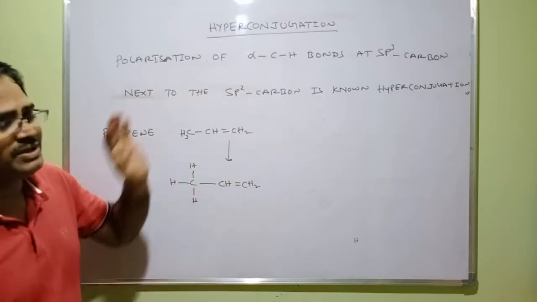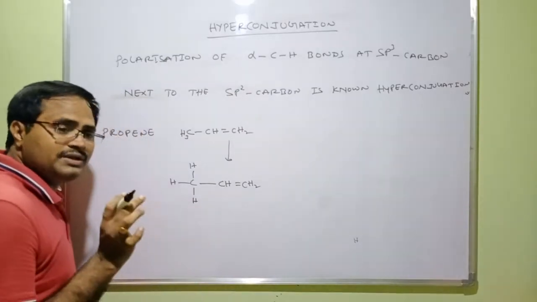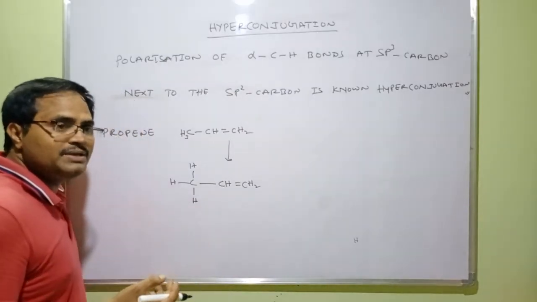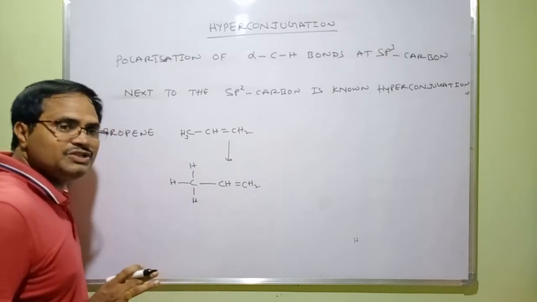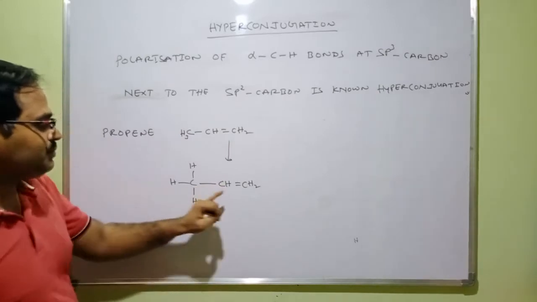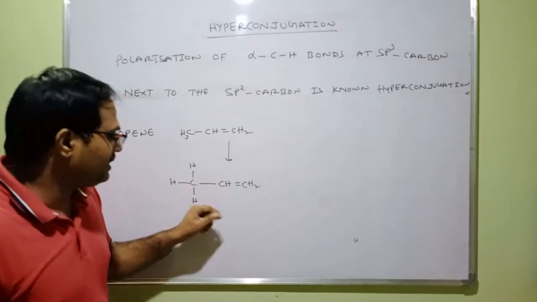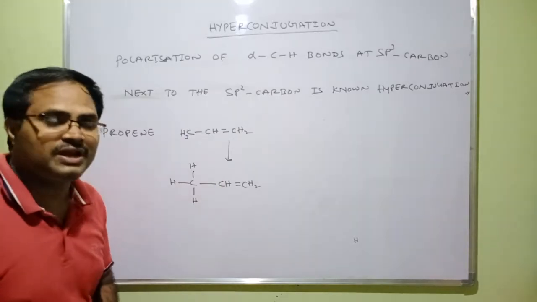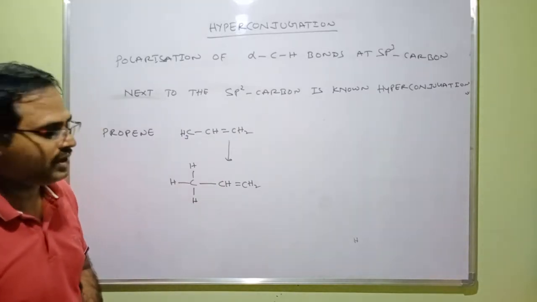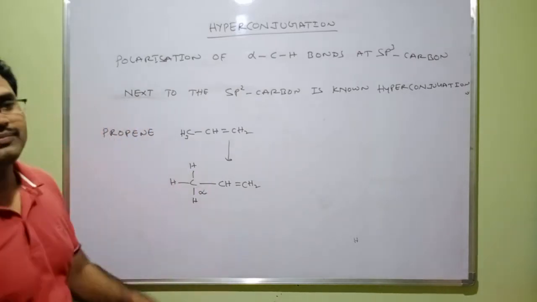So sp2 carbon must be there. This is sp2 carbon, this is sp2 carbon. Generally, if a carbon makes a double bond, then its hybridization is sp2. After sp2, immediately next you should have sp3. So that sp3 carbon is known as the alpha carbon.